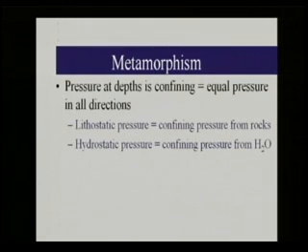Let's take a look at pressure. Pressure at depths deep inside the earth is what we call confining pressure. This is essentially equal pressure in all directions. If we want to talk about the pressure that results from an overburden of rocks, we're talking about lithostatic pressure. Hydrostatic pressure, on the other hand, would be a confining pressure that would result from water.